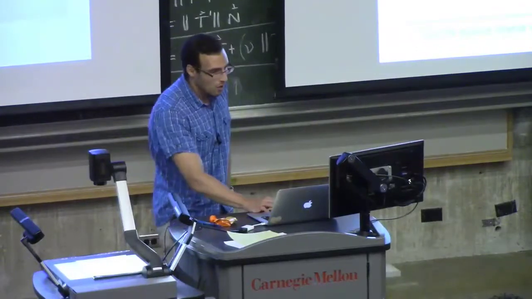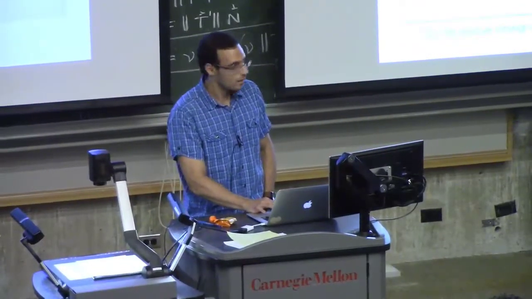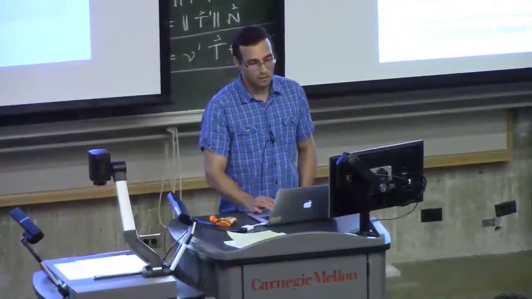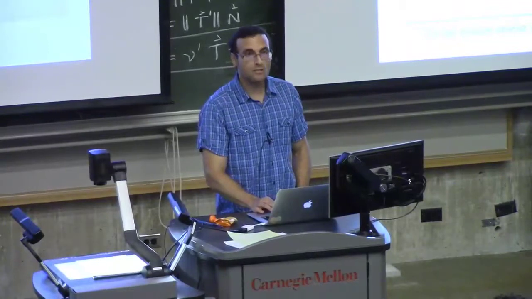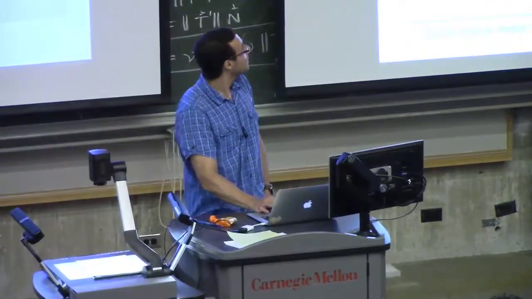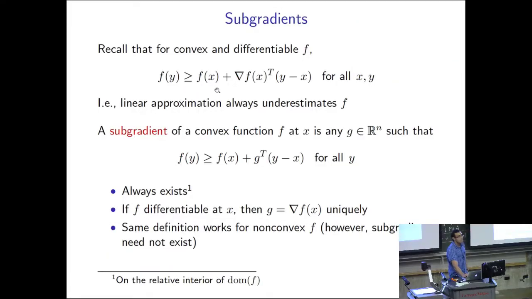To motivate subgradients, remember this equivalent formulation of convexity that we learned for a differentiable function. If a function is differentiable, then it's convex if and only if it lies above its tangent line everywhere.